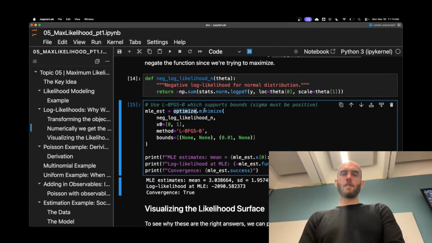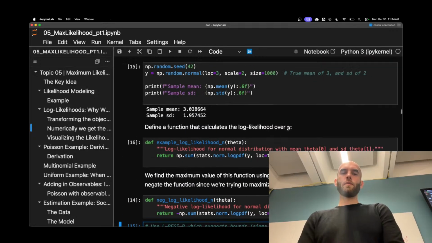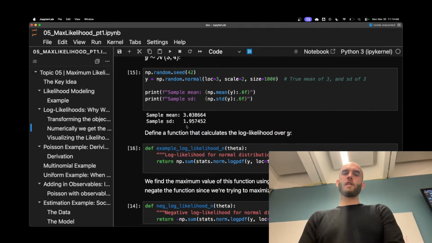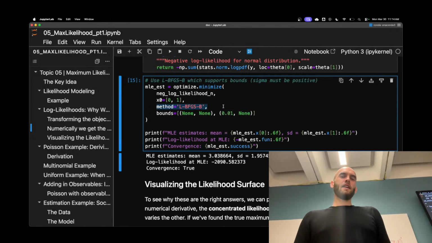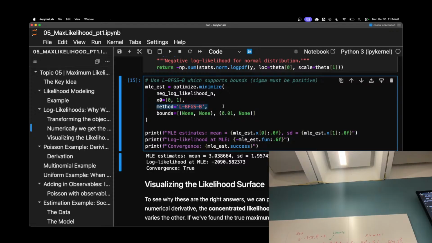So this is just optimize.minimize, and I'm giving it the negative. We're going to give it these 2 parameter values. These are our starting values, our guess. You could maybe start at a more sophisticated place using the sample parameters. And then I'm going to use this fancy method. This is Newton-Raphson, but because we're dealing with logs, sometimes the basic Newton-Raphson will not converge.